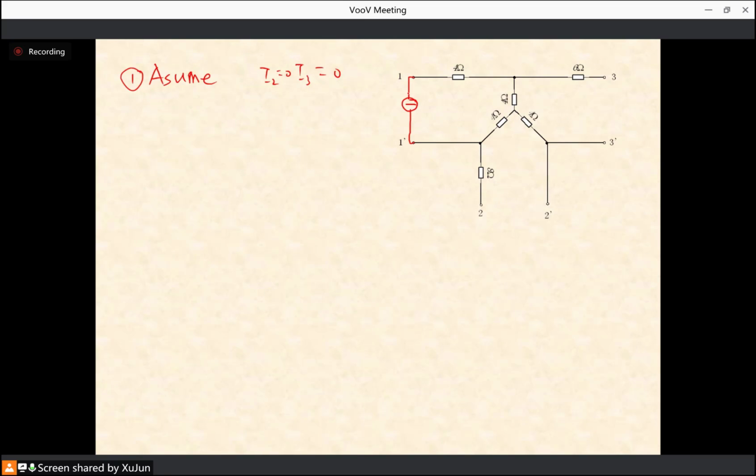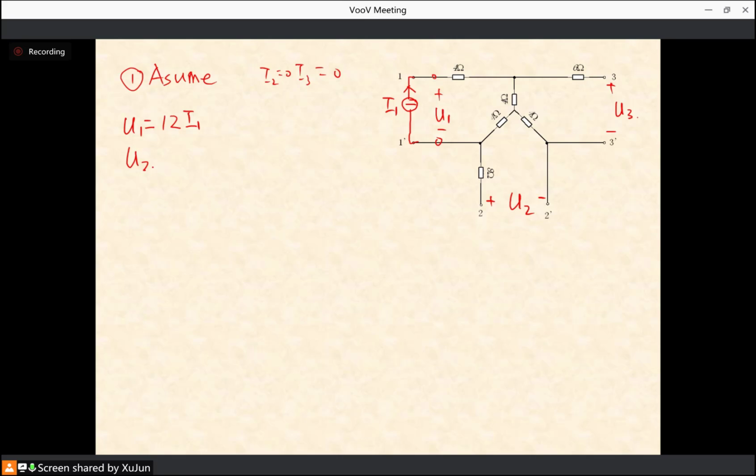Add I1 here, and then calculate U1, U2, and U3. So with only I1, U1 will be 4, 4, 4, so 12 I1.